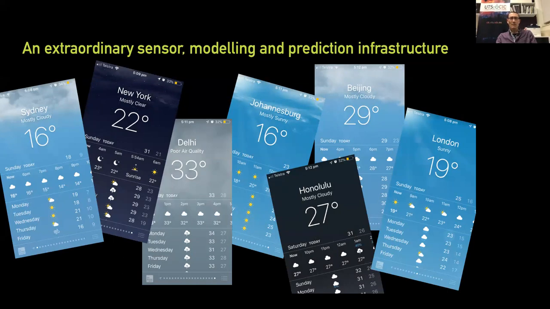And when you think about the amazing infrastructure that sits behind this, from sensors to models to the ability to predict, it provides an interesting metaphor for what we're about in terms of trying to sense, model, and predict what's going on in learning. And it's this infrastructure and analyses of it which have provided me with some provocations for thinking about educational infrastructure.